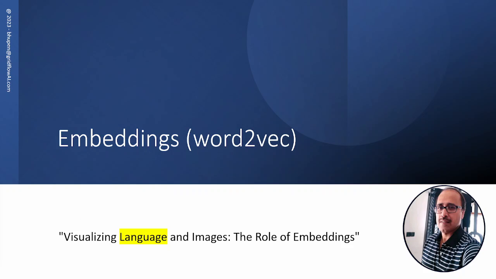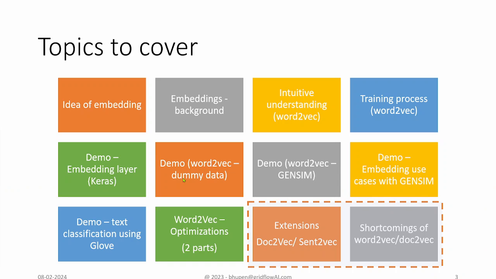Let's get started. We have gone through almost all the units or subtopics, starting with the idea of embedding, the background behind embedding, intuitions, and how we generate the training samples or training pairs for training the word2vec algorithm.